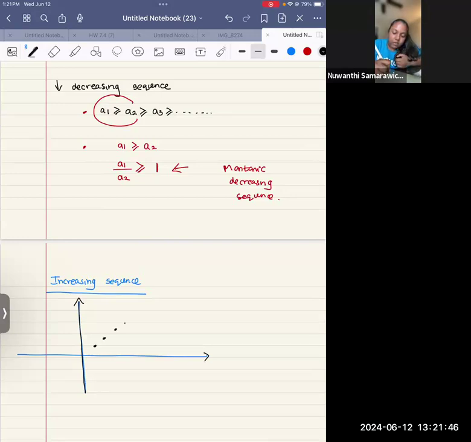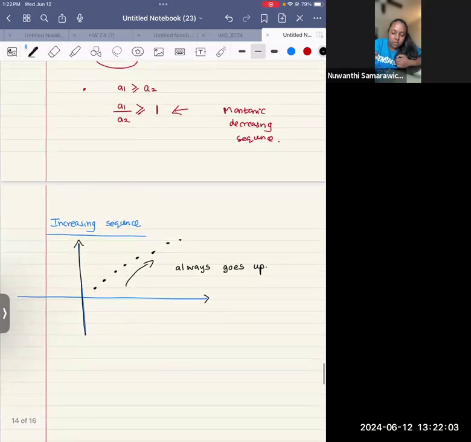You see, when n goes up, it is always increasing. Always goes up. So it is monotonic increasing.